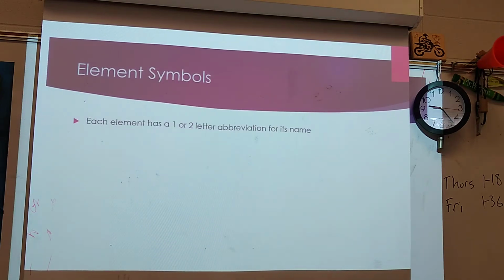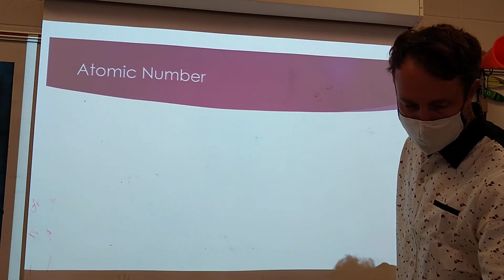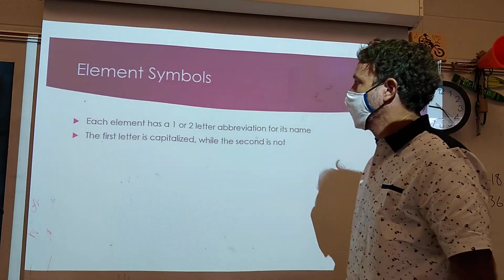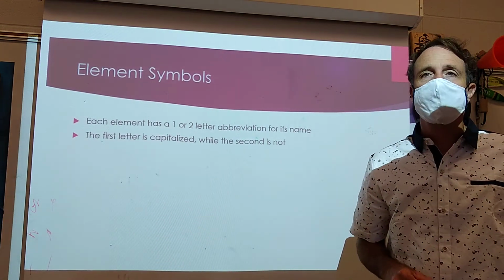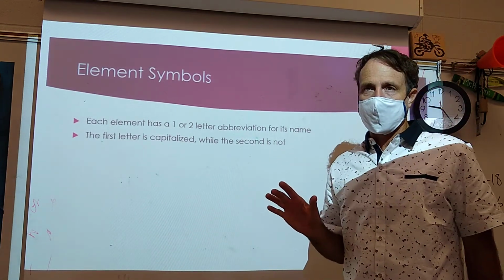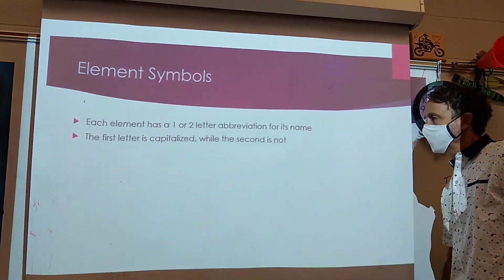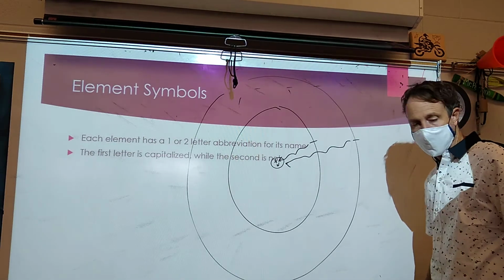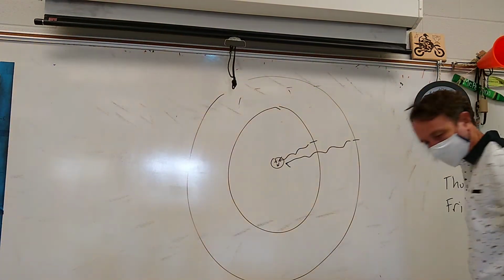Element symbols, you already know this. You know what the element symbols are. Element symbols, basically, is 1 or 2 letters, and the first letter is capitalized. They're not both capitalized. Look at cobalt on your periodic table. Isn't cobalt Co?